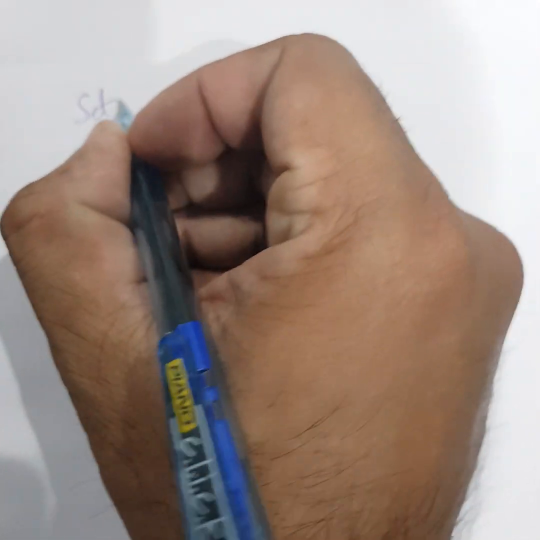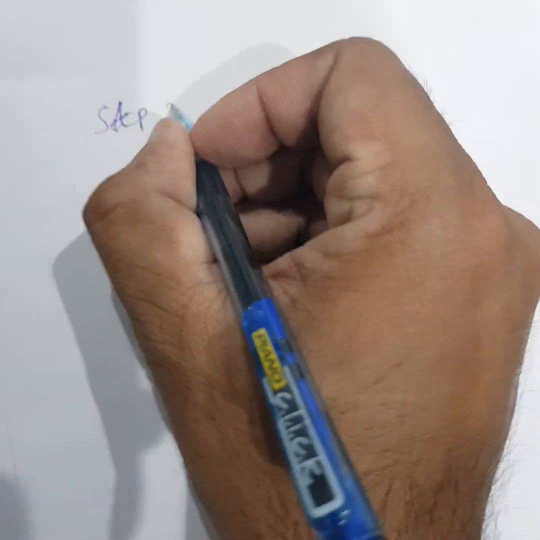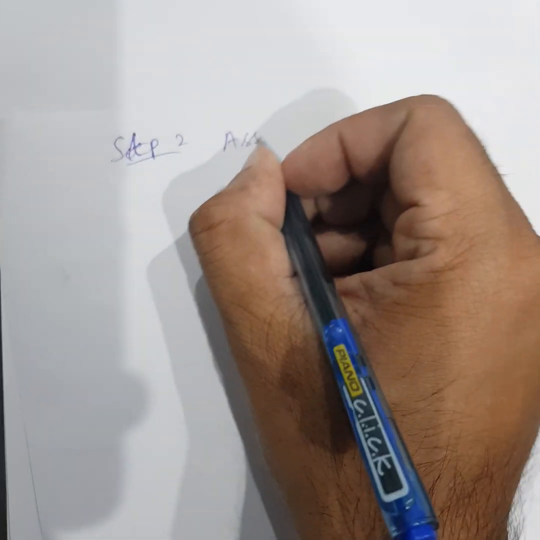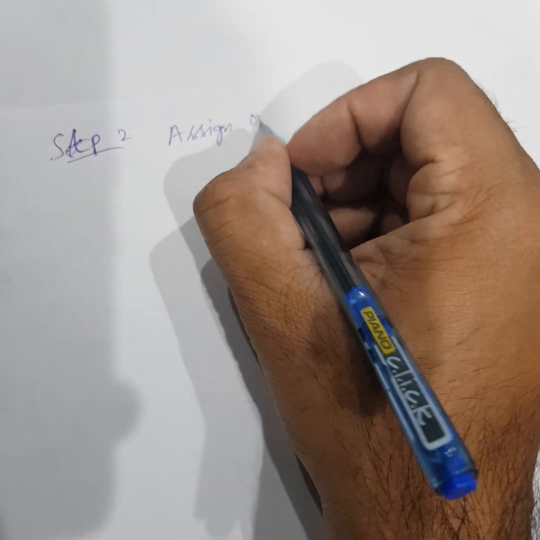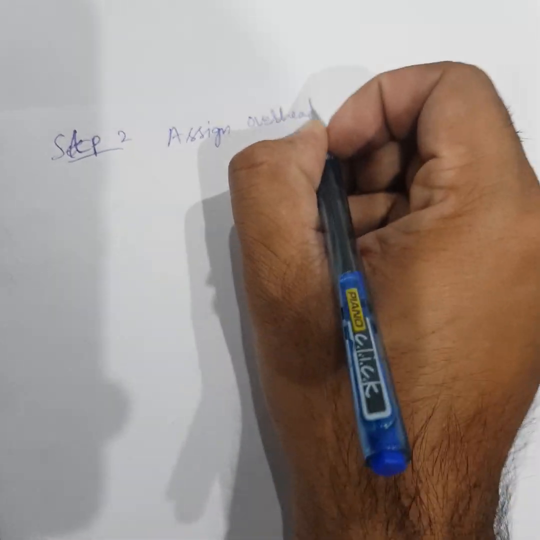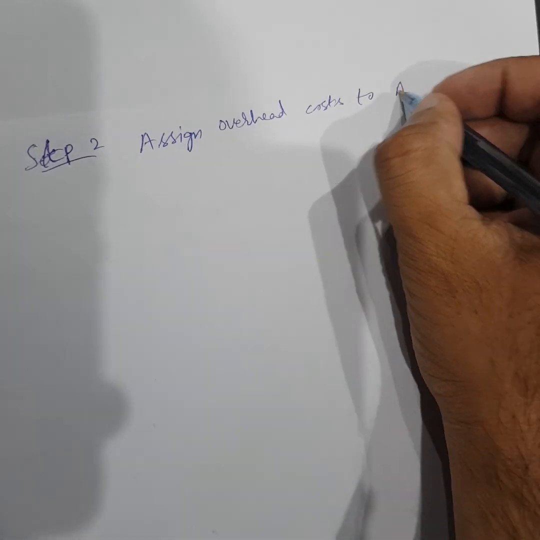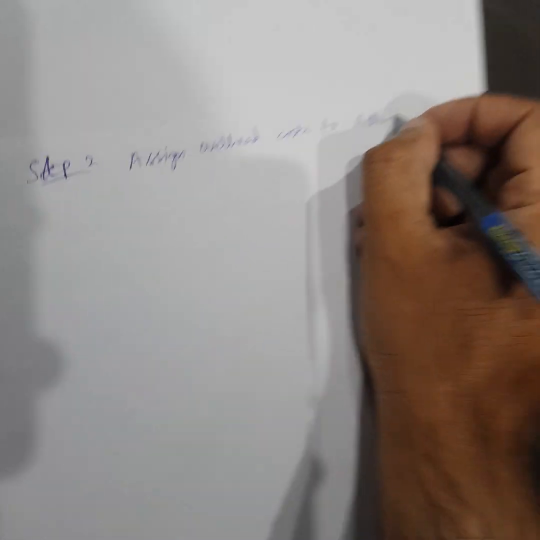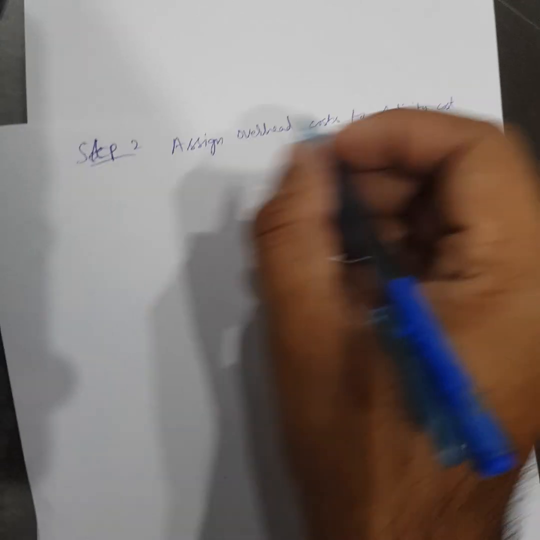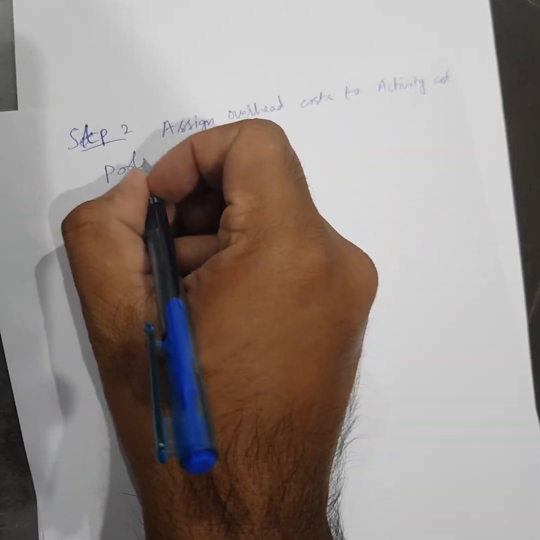Step 2 is to assign overhead costs to activity cost pools.